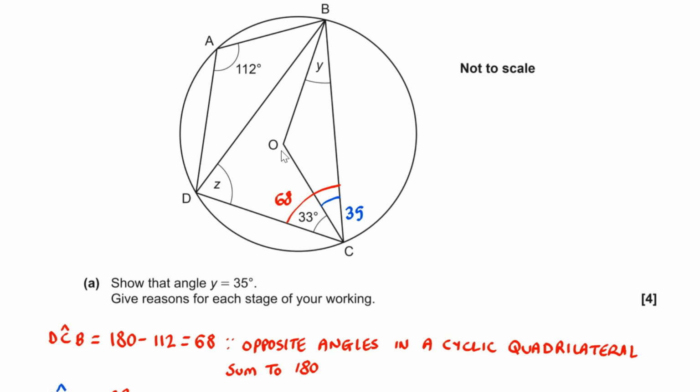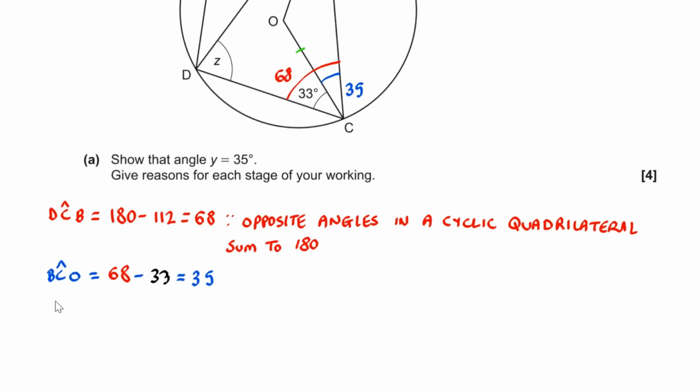And what we can also see is if O is the centre, then over here OB is equal to OC. So OB equals OC, and that's because both of these are radii, and therefore the triangle OBC is isosceles.